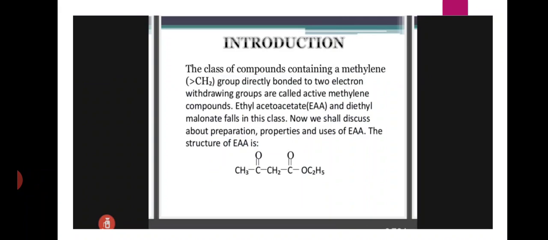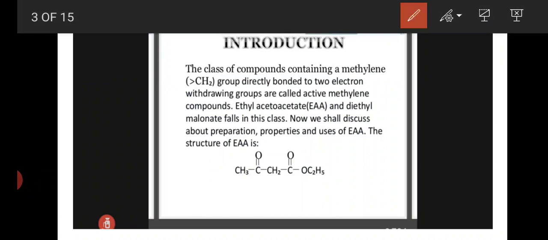Okay, the structure of ethyl acetoacetate, EAA, is CH3 C double bond O CH2 C double bond O OC2H5. Okay, this is the structure of ethyl acetoacetate. Here the active methylene group is this one, the middle CH2 group.